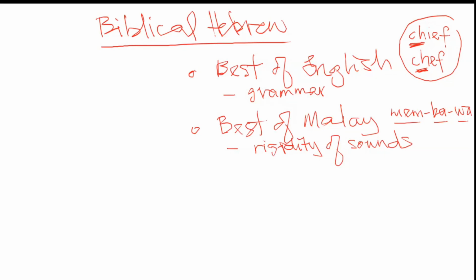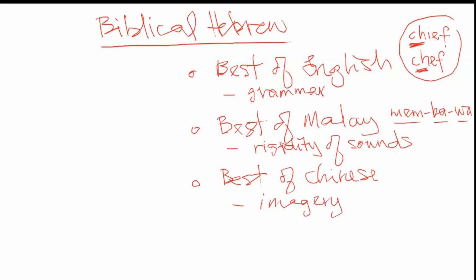That's it. Now I would say that it is also the best of Chinese. What is important in the best of Chinese is the imagery, the imagery and concepts of expressions.